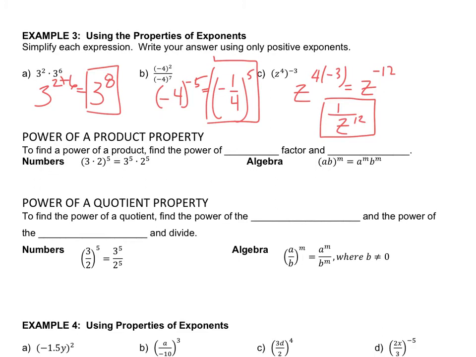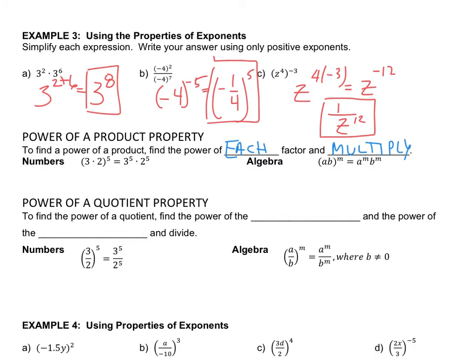So to find a power of a product, you find the power of each factor and multiply. So it is a product. Now the power of a quotient is similar.